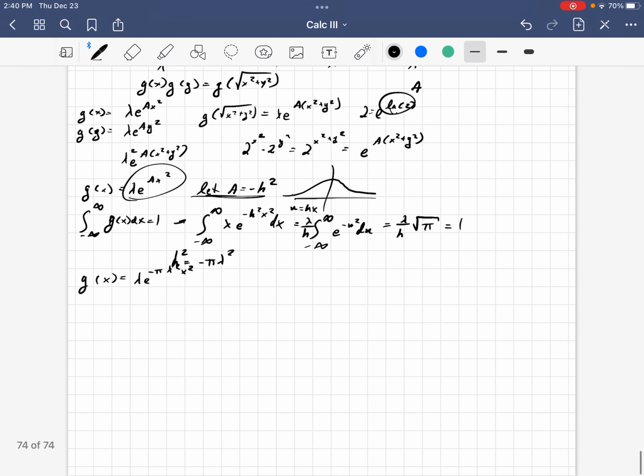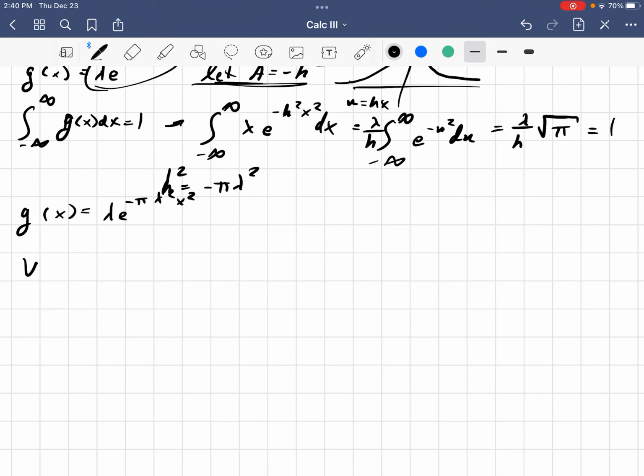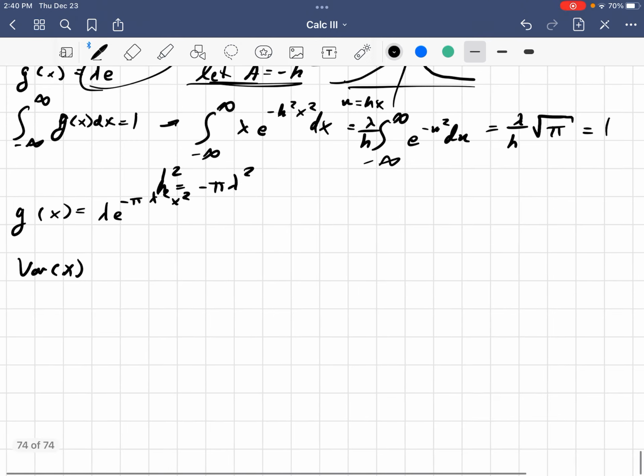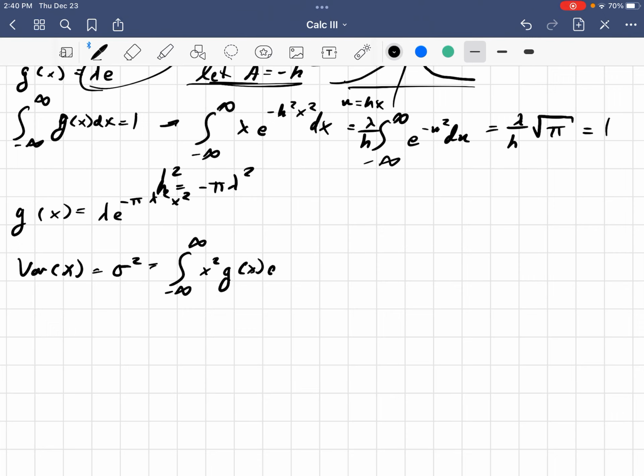One thing I'll note is that the variance of x is the square of the standard deviation, just by definition, which is equal to the integral from negative infinity to infinity of x squared times the probability density function g of x dx. That's just a formula from statistics. So we can use that formula to write lambda in terms of sigma squared.